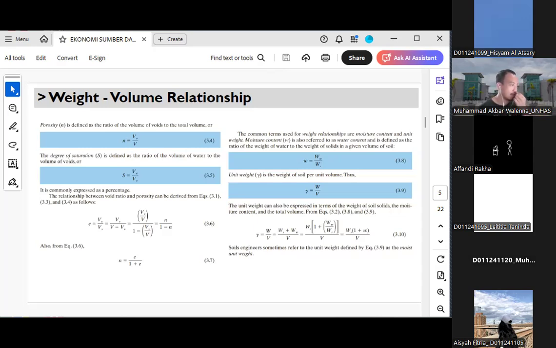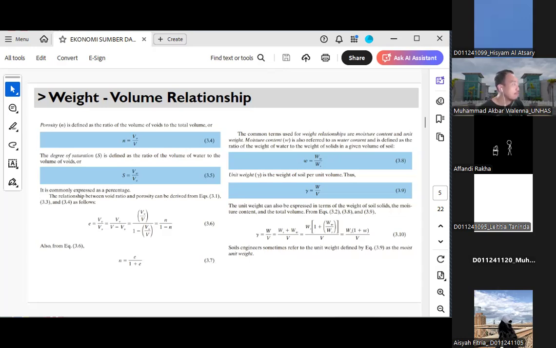To do that, as civil engineers, we need some complementary parameters that can really make our understanding better. We are going to explain them one by one. The first one is porosity, denoted by n.